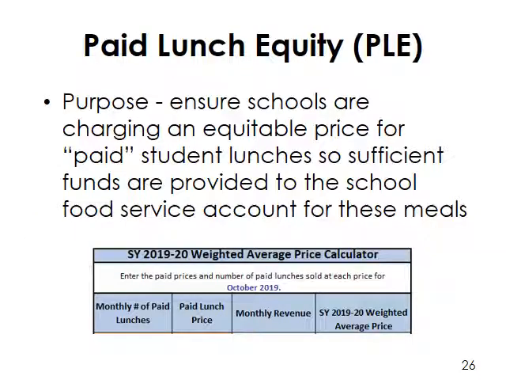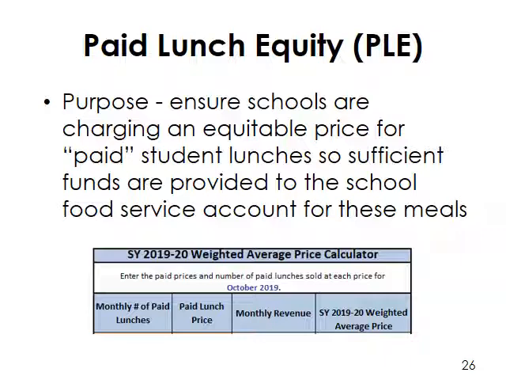Paid lunch equity is a provision required by USDA to ensure the same level of financial support is obtained from the paid student meals as it is from the reimbursement for the free and reduced meals funded by USDA. Basically, this is saying the revenue schools are receiving is equitable when comparing free, reduced, and paid income.